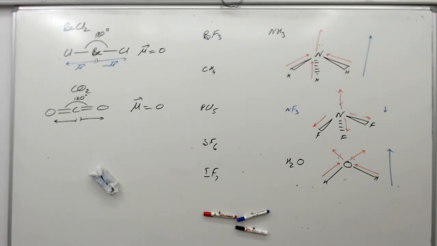So is XeF4 polar? No, it's non-polar. XeF4 is planar. There are two lone pairs opposing each other and the fluorines are planar. So you got an example where there is a lone pair but it's non-polar. Yes, sir. I3 minus again would be non-polar.